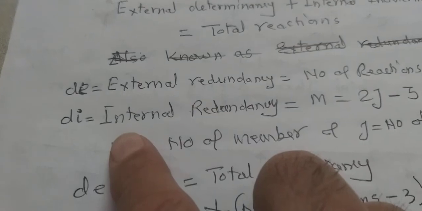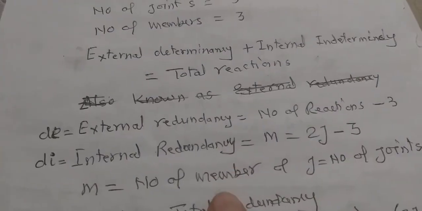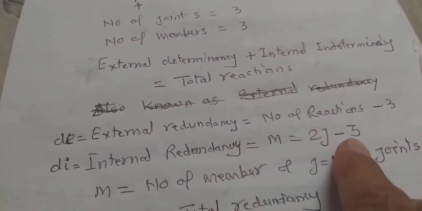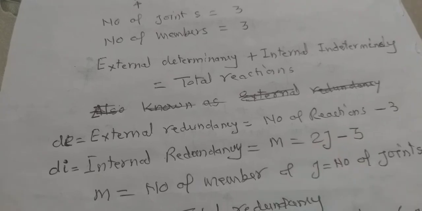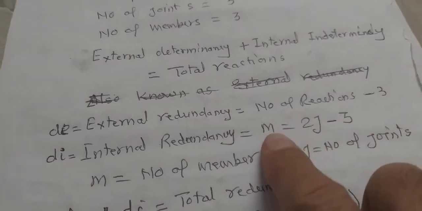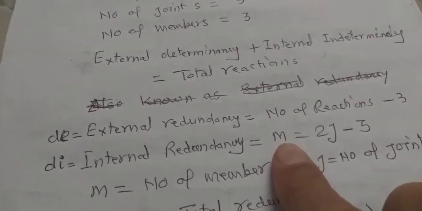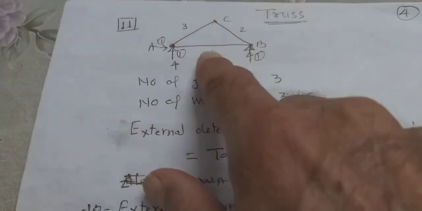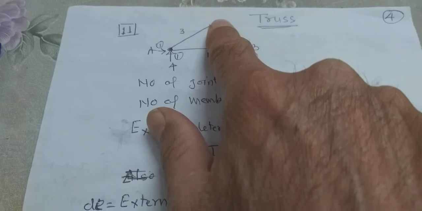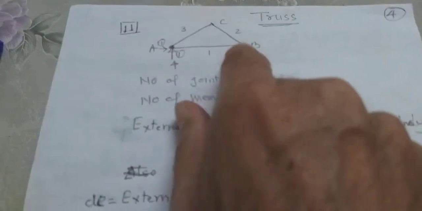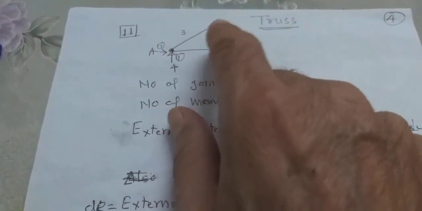But when we are talking about the internal redundancy, one mathematical expression is there, m is equal to 2j minus 3. Here j stands for number of joints and m stands for number of members. Considering now this same figure, number of joints are 1, 2, 3, so 2j is 2 into 3, that is 6, minus 3, it comes out to be 3.